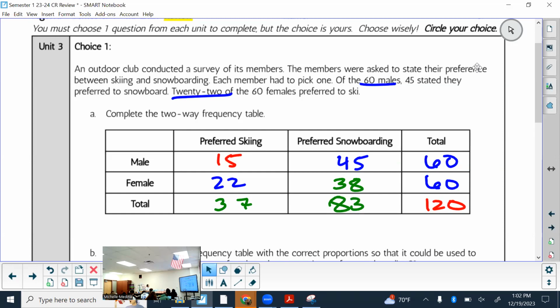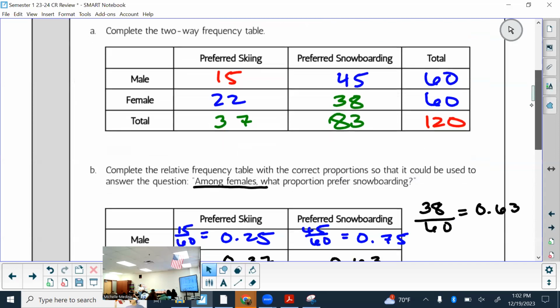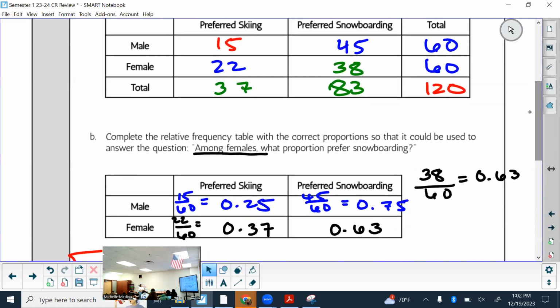Now for part B of this, it says complete the relative frequency table with the correct proportions so that it could be used to answer this question: among females, what proportion prefers snowboarding? I think a lot of people saw that they wanted a relative frequency table and just divided by the grand total, 120.